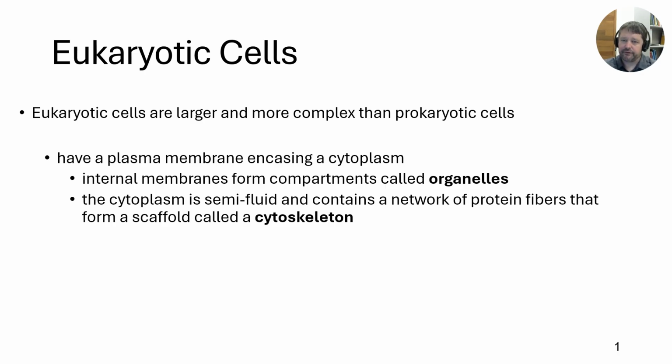The other component is a much larger, elaborate cytoskeleton. Inside eukaryotic cells, there are a lot more protein fibers that make up a kind of scaffolding inside the cell. So it keeps the cell a uniform shape typically, and there's still a little flexibility there. You have to have the flexibility.